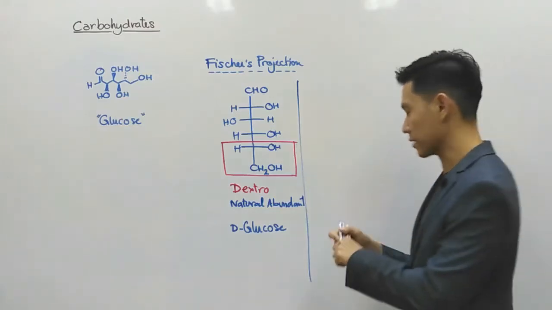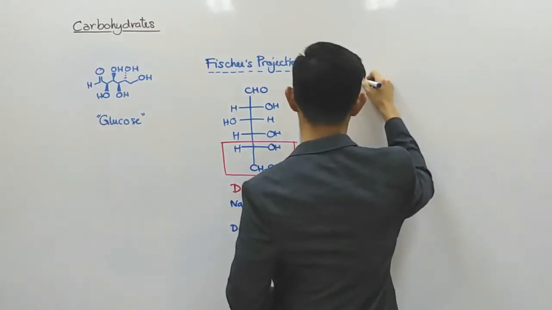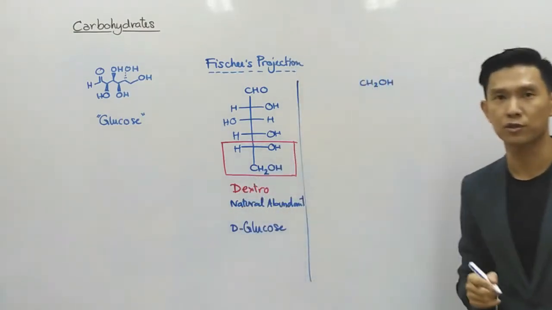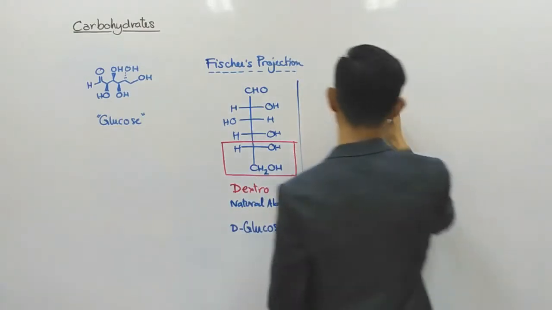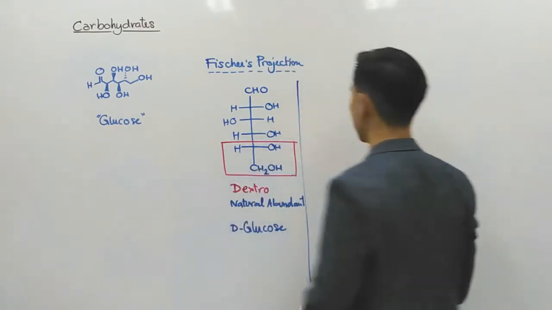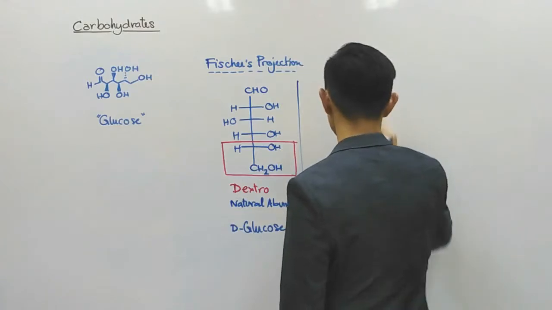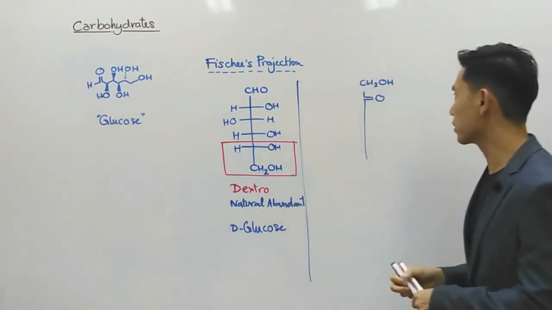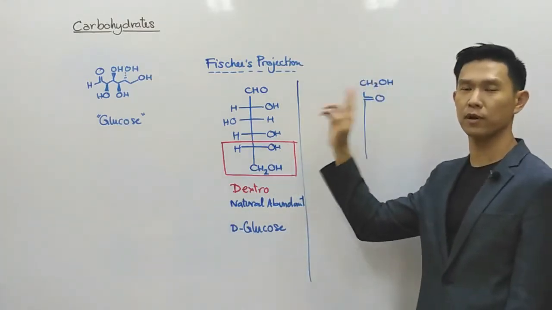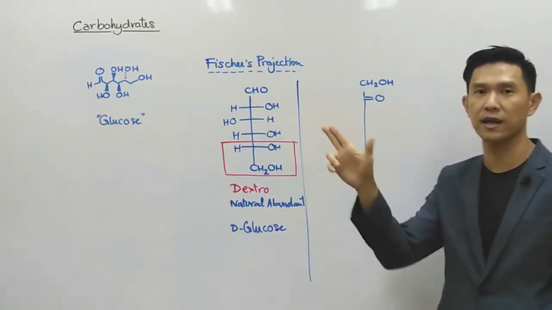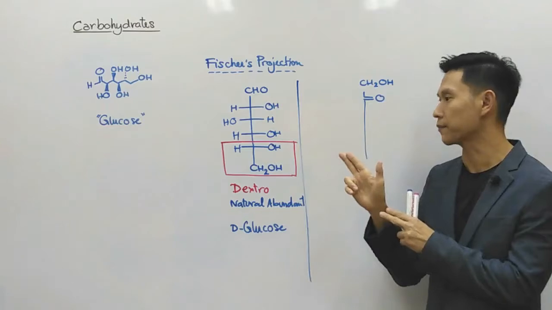So what happened after that is the first carbon is reduced to be CH2OH, and the second carbon is oxidized to be double bond O. But this double bond O is trigonal planar, as you may know. So you can draw the double bond O pointing toward the left hand or right hand, it is exactly the same, because it's trigonal planar, right?